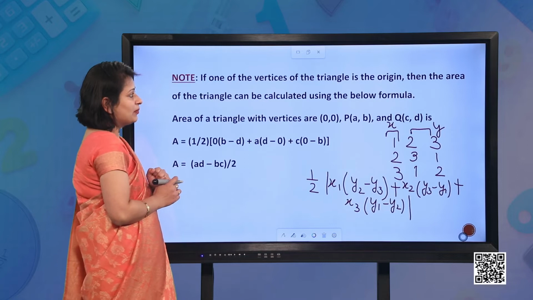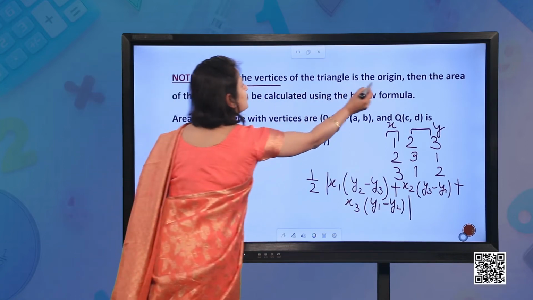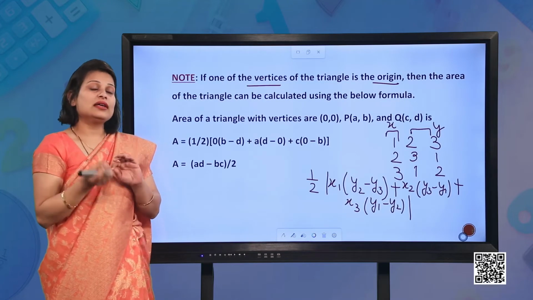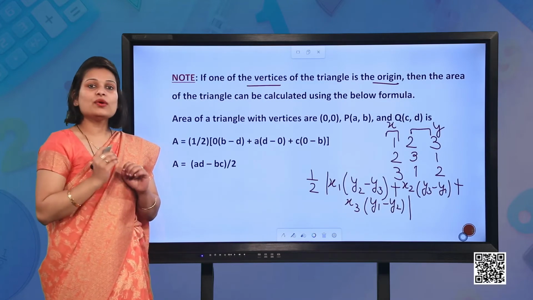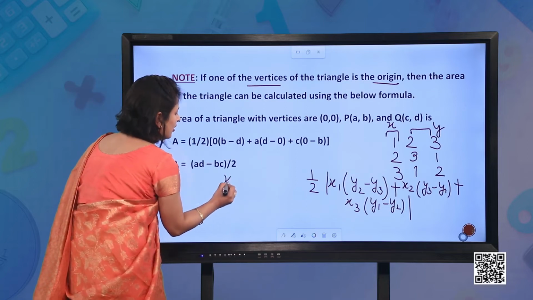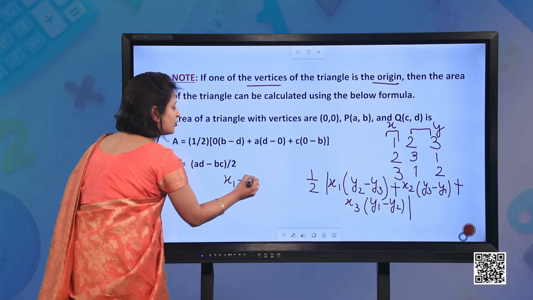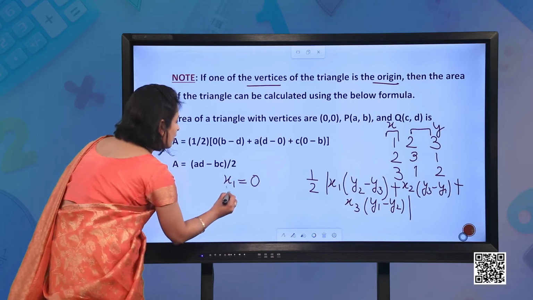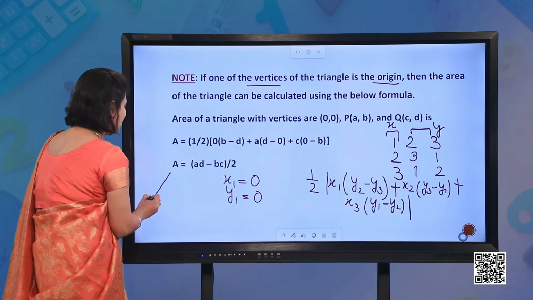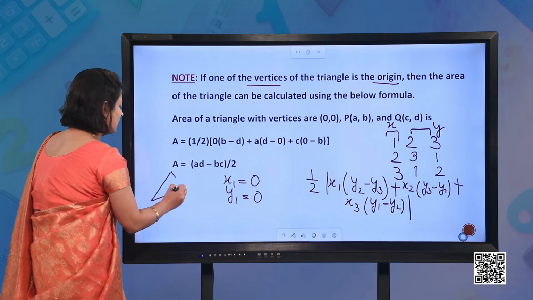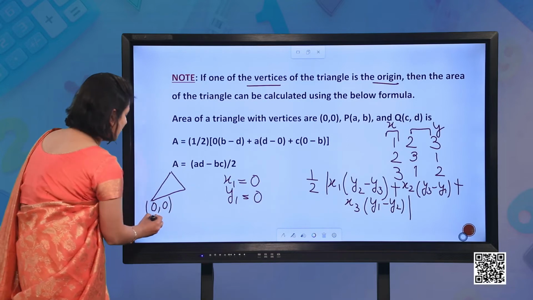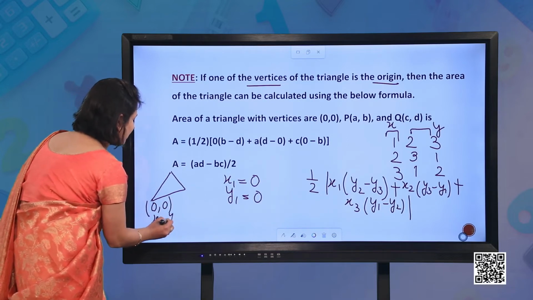Now what will happen if one of the vertices of the triangle is at the origin, meaning 0, 0? In place of x1, y1 simply substitute 0, 0, so you have a triangle whose one vertex is 0, 0. I have considered this as x1, y1.